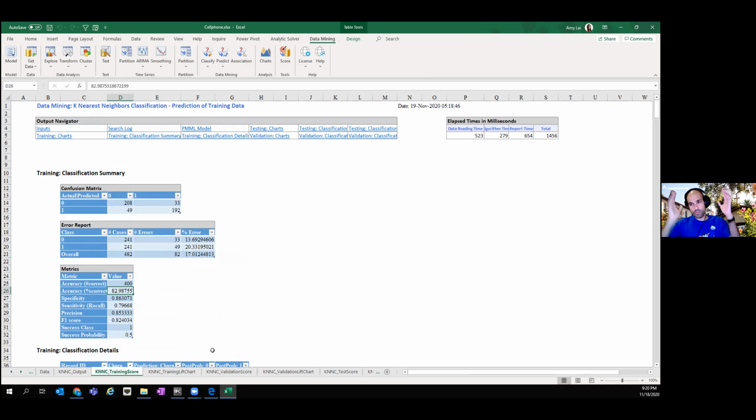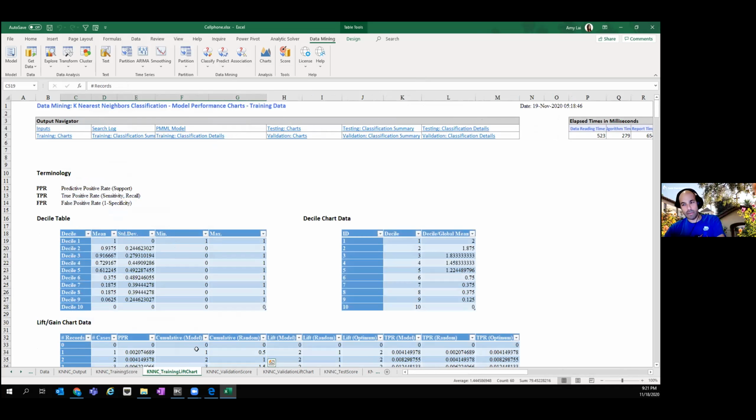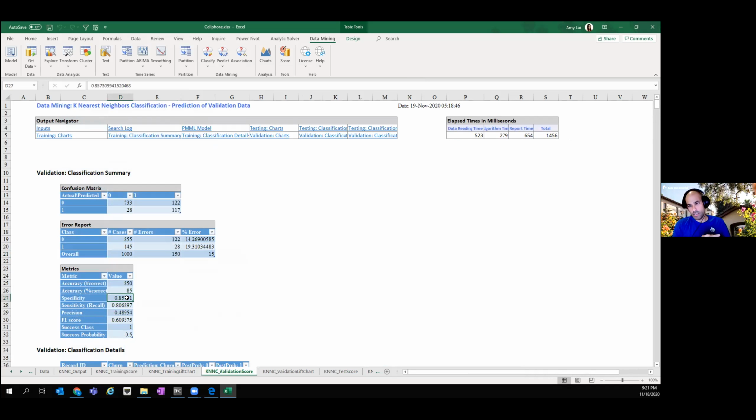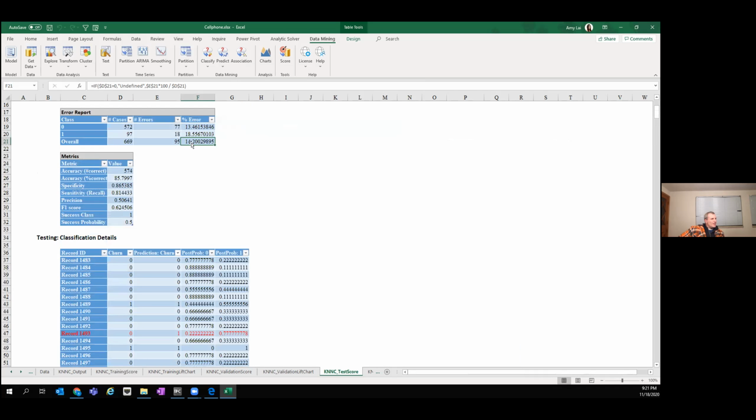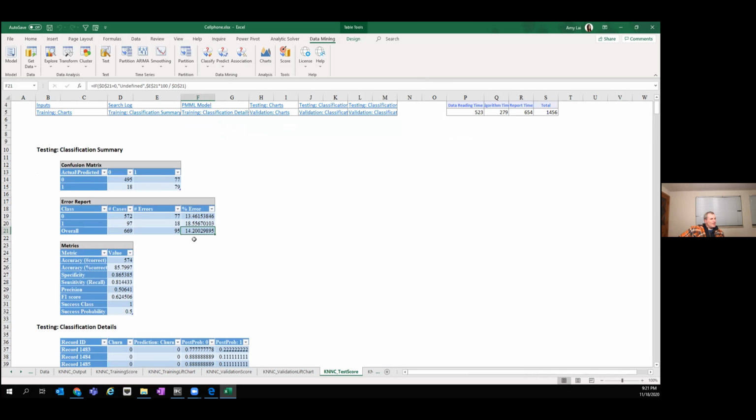Overfitting means it's really good and then gets really, really bad. That means you've overfit. But this is consistently getting better, right? Training is 17, and then it dropped to 15, and then it dropped to 14. Oh yeah. Wow.